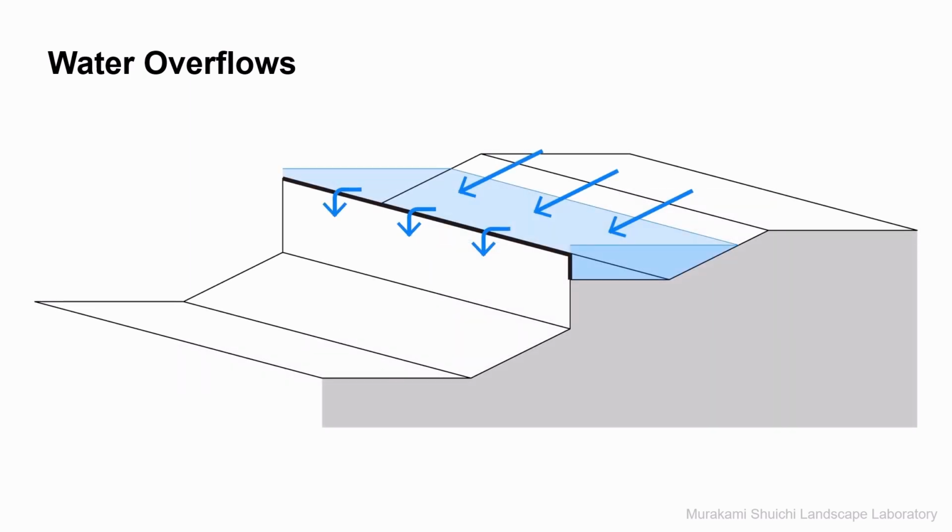For example, if the wall has a top edge of uniform height like this, the water will overflow along the entire wall. However, if part of the top edge is higher like this, the water will overflow from the lower part. Unless the inflow of water from above becomes great enough, the water will continue to overflow only at the lower part.